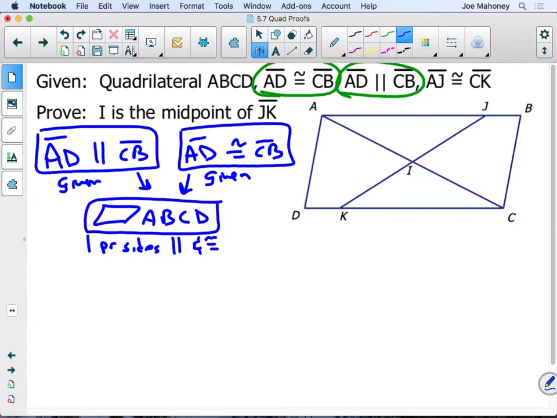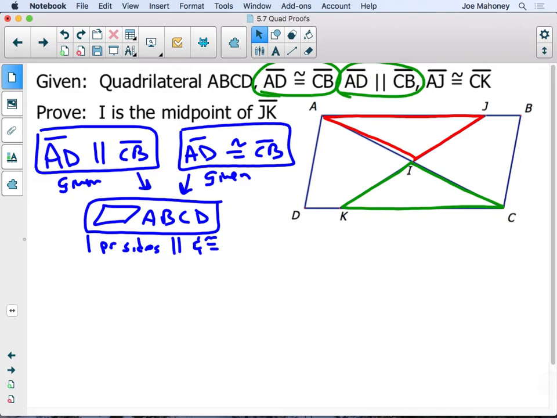So now I've got a lot of good things here. Now let me come up with a plan. If I want to prove that I is the midpoint of JK, I want to prove that that green segment and that red segment are congruent, which means that I want to prove that this green triangle is congruent to this red triangle. I've got to prove those two triangles congruent. And I know I've got myself a parallelogram. So I'm thinking of some things.